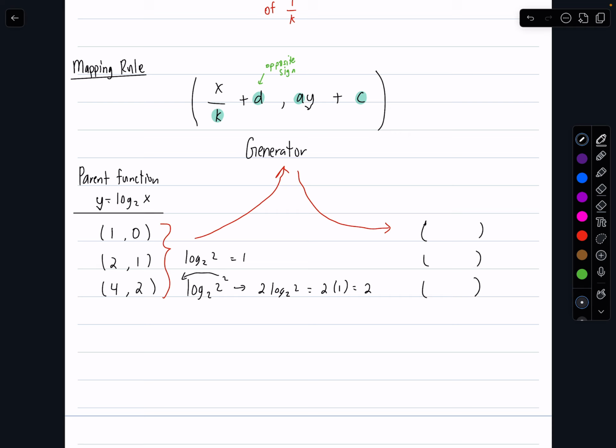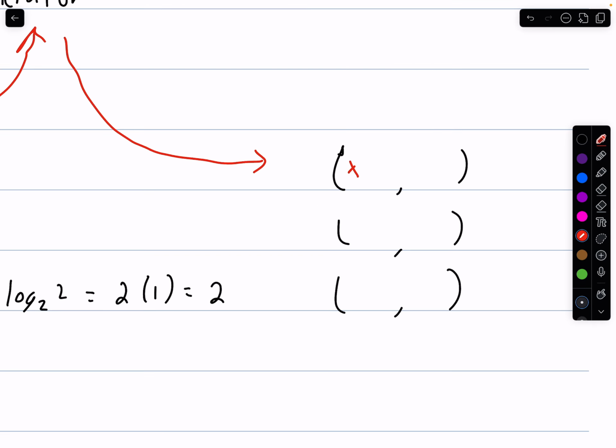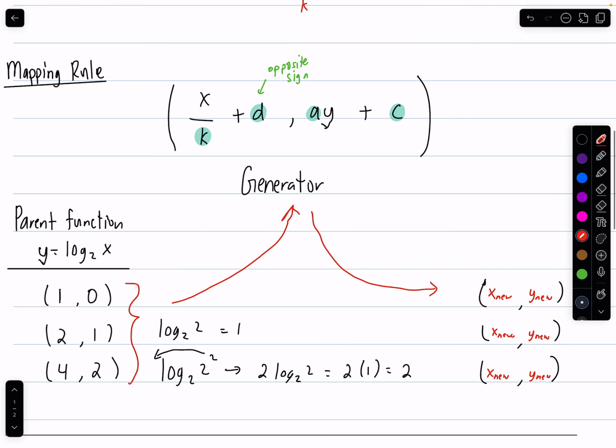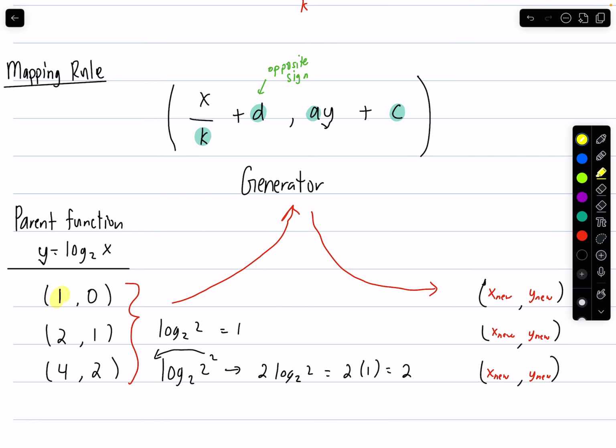So what are these new points going to look like? This is going to be the new point of x, and the new point of y. But where do we get these points? When we plug these x and y values in as x and y over here, we actually get the new x and the new y.